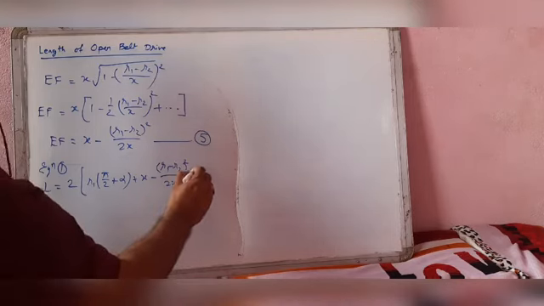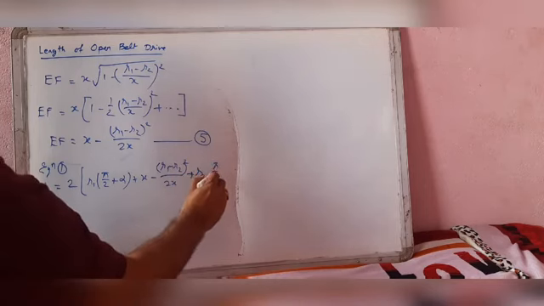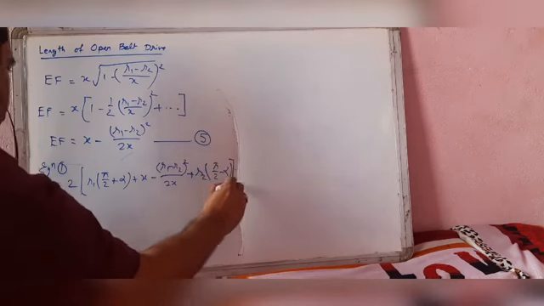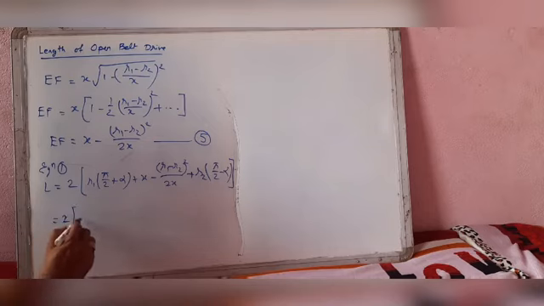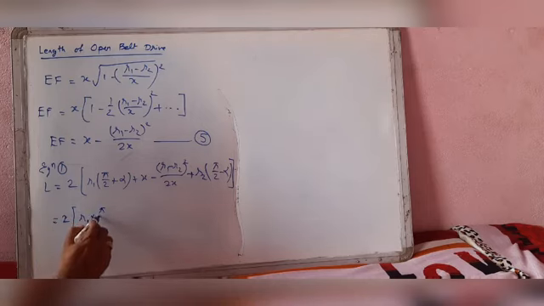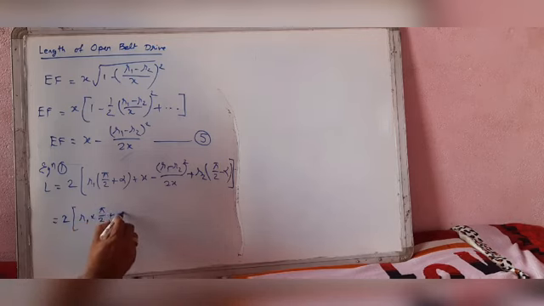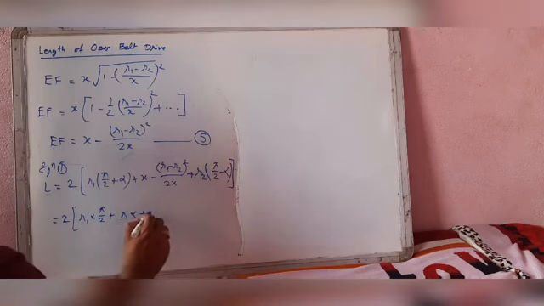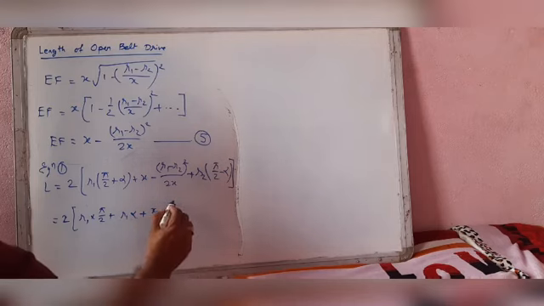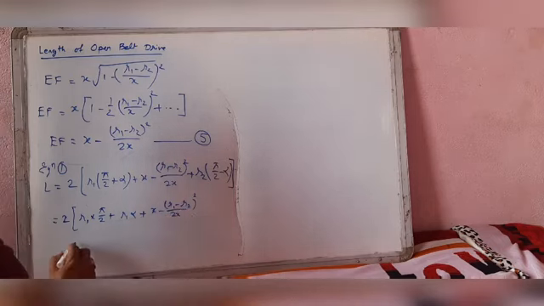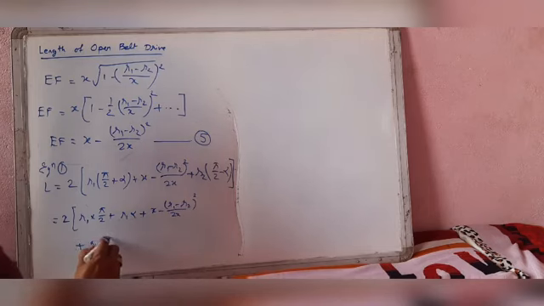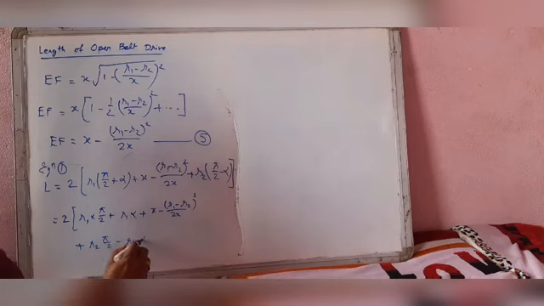So this is equal to 2 into R1 pi by 2 plus R1 alpha plus X minus (R1 minus R2) squared by 2X plus R2 pi by 2 minus R2 alpha.